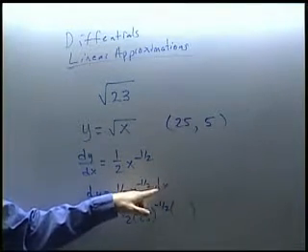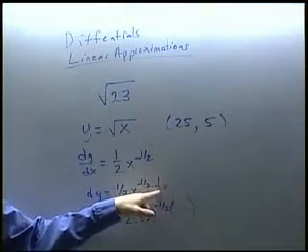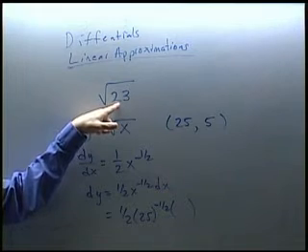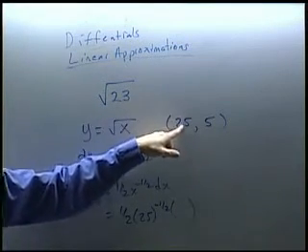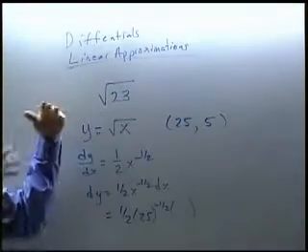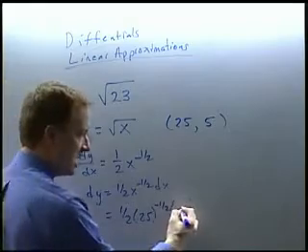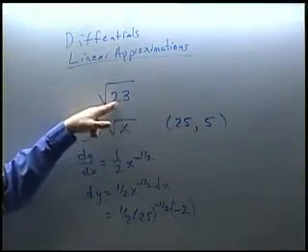And the question is, if I start at 25, how much of a change in x needs to take place before I get to the number that I'm really interested in? -2, because I started at 25 and my x went down by 2 units. So my change in x in this problem is -2, because I'm going from 25 down to 23.